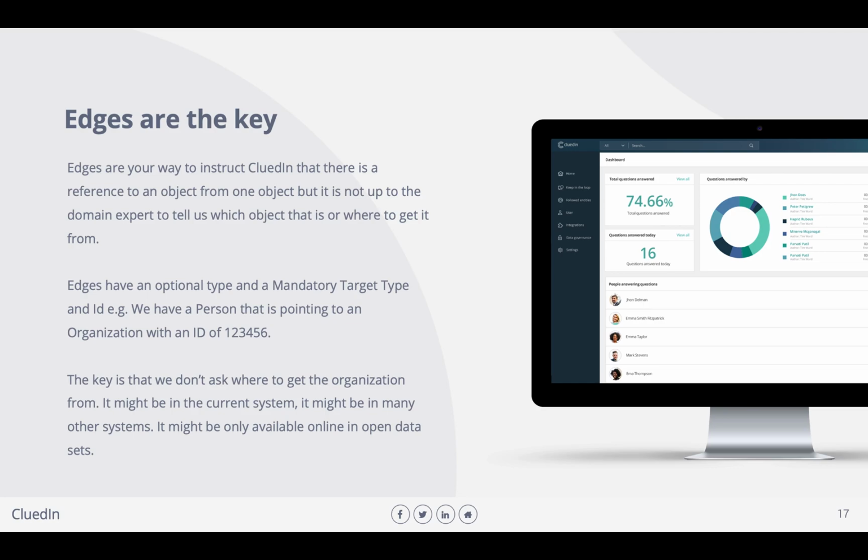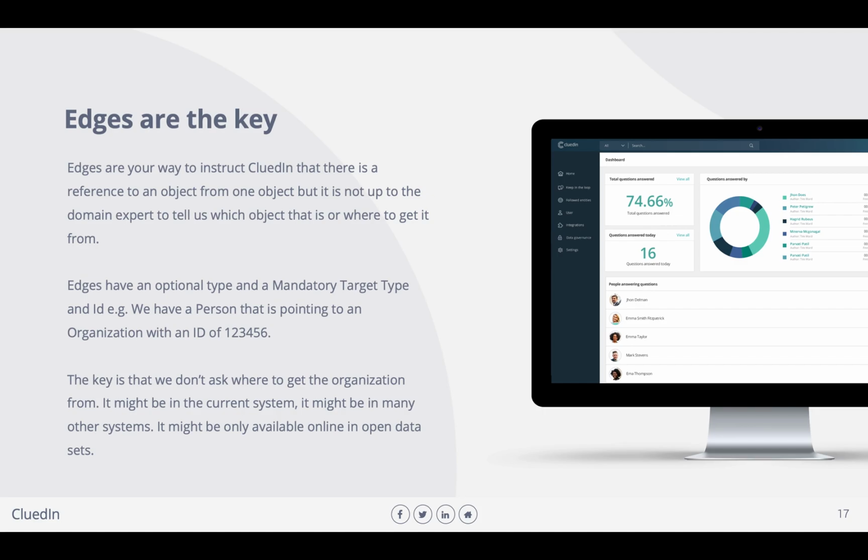So edges have an optional type, such as a relationship type. I'll give an example. We have a person that's pointing to an organization with an optional type to describe the relationship. It could be that a person works for that company.